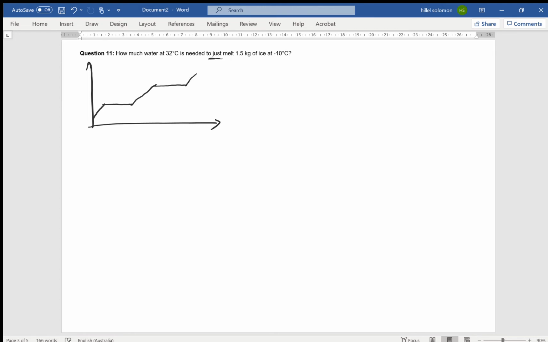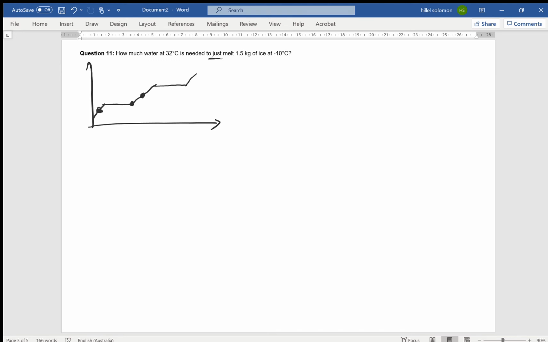So if this is our graph, the warm water at 32 degrees, so that's about there. And then we're also starting with 1.5 kilos of ice at negative 10 degrees. So that's down there. And we're going to meet in the middle when the ice has just melted. So when it reaches thermal equilibrium, we want it to be right there.